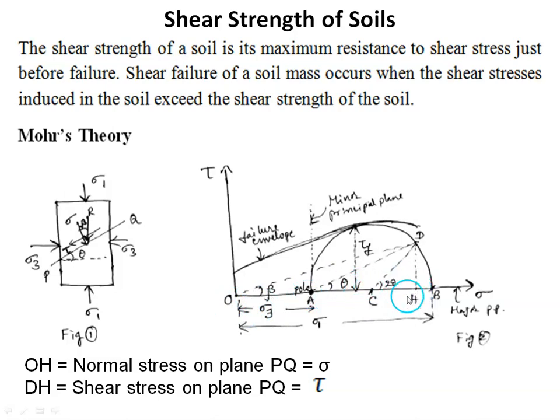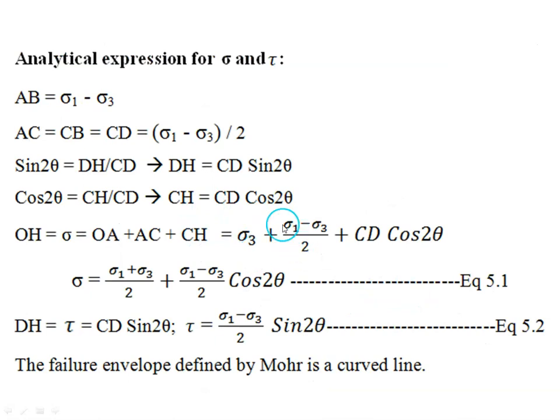What is OA? OA is sigma 3 and AC is nothing but the radius of the Mohr circle, which is equal to sigma 1 minus sigma 3 by 2, plus CH. CH, from this we can write CD cos 2 theta. So we can write OH equal to sigma 3 plus sigma 1 minus sigma 3 by 2 plus CD cos 2 theta.